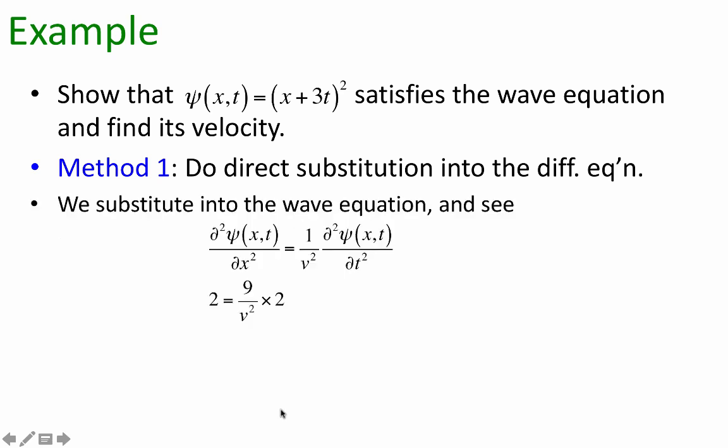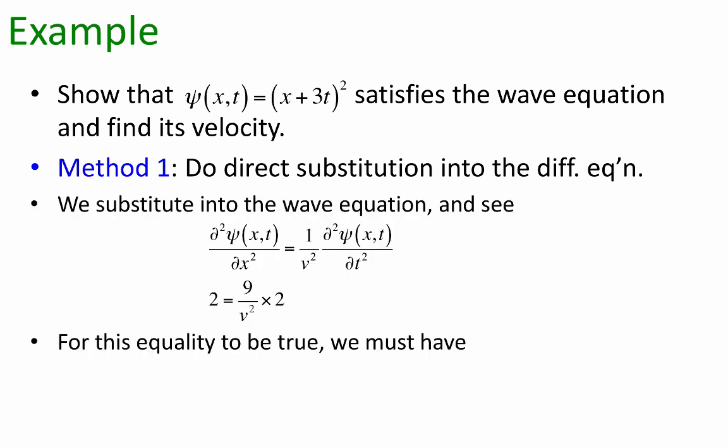Let's solve now for v. And we see that v squared equals 9, or v equals plus or minus 3. Good, because in our previous technique, we decided that the velocity was equal to minus 3, and the speed is equal to 3. Okay, so we just did two methods with something that looks like a straightforward function, but the derivative took a little time.